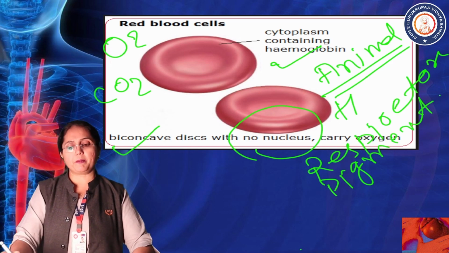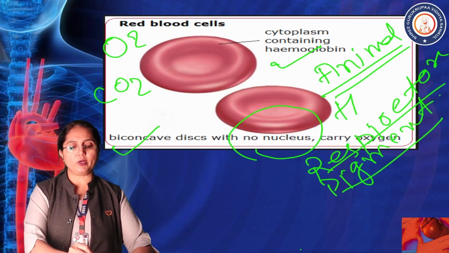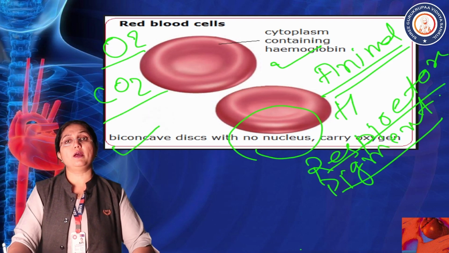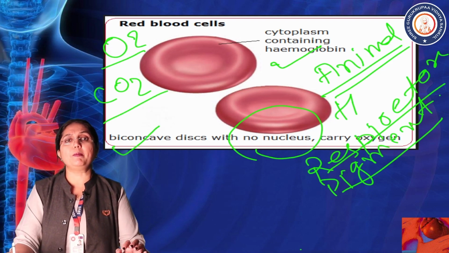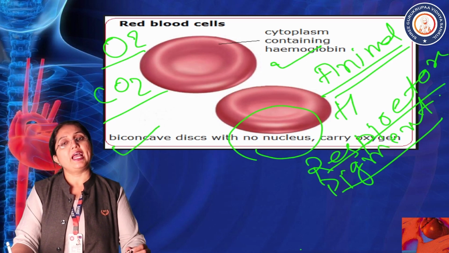This respiratory pigment is responsible for circulation of O2 and CO2 in our body. So oxygen will bind itself with hemoglobin and then circulate in the bloodstream.